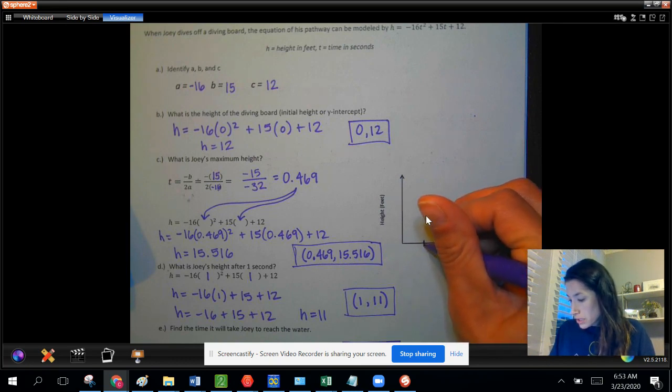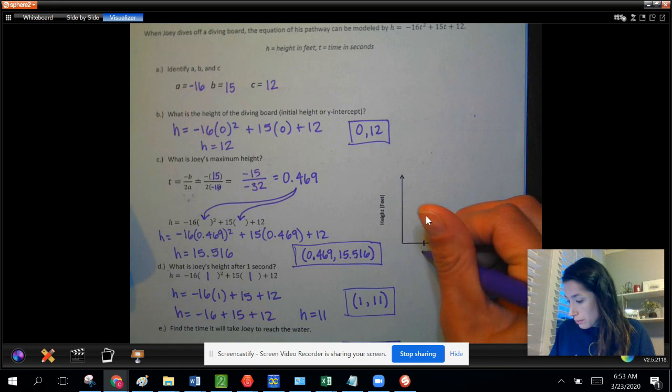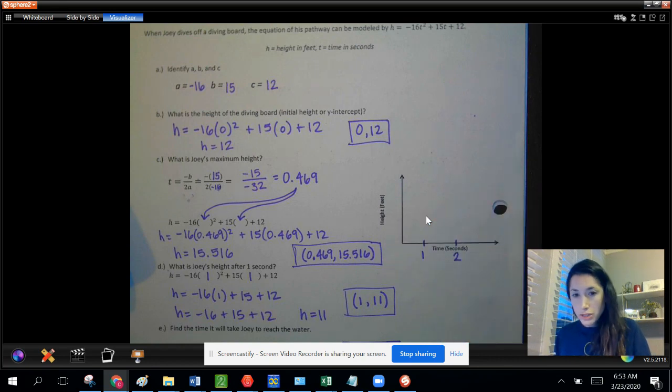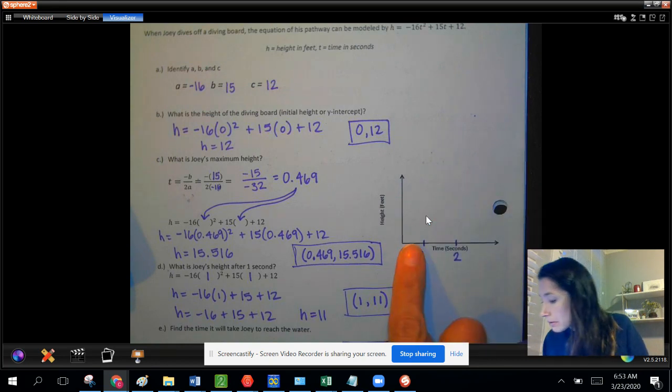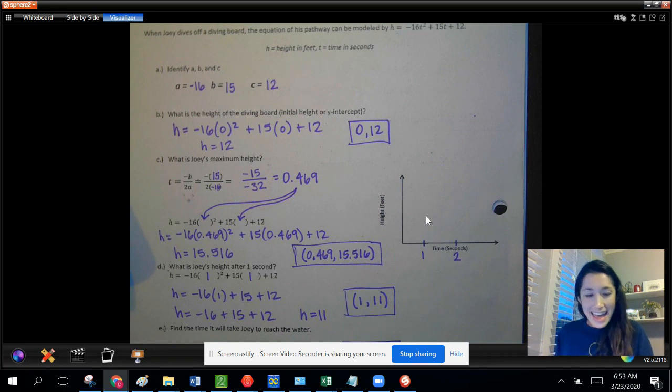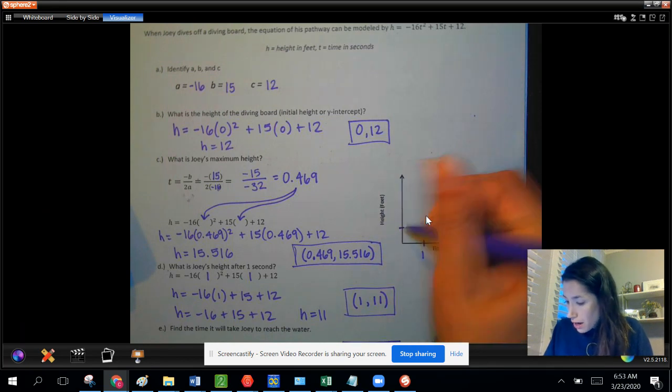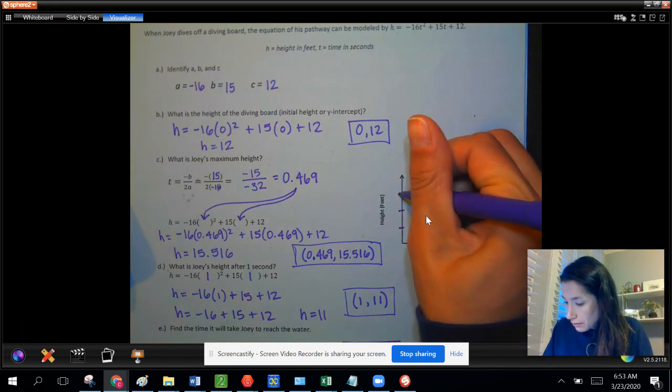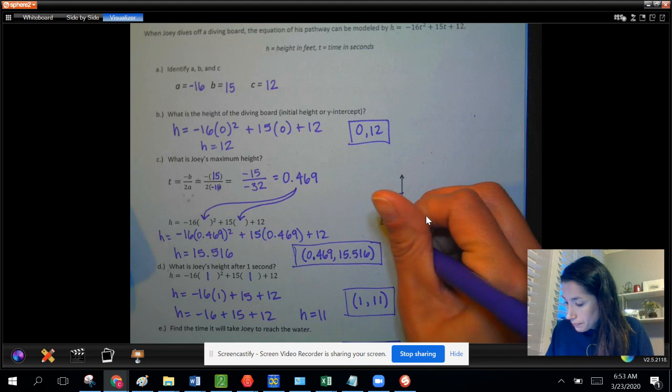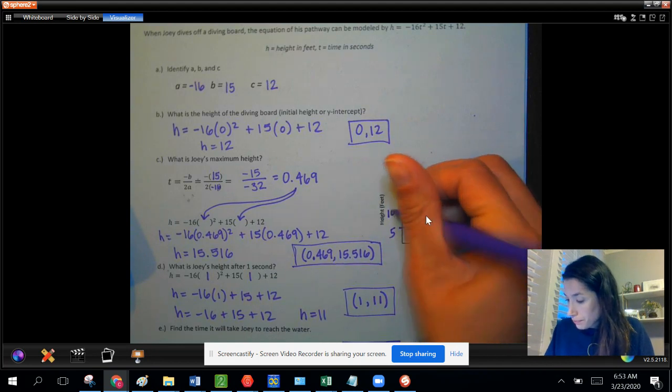So let's just do 1 second here, 2 seconds here. Space them out just a little bit. Almost equidistant. And then for our height, it looks like our maximum height is going up to 15. So maybe we'll go by 5s. Let's do 5, 10, 15. And this is all in feet.